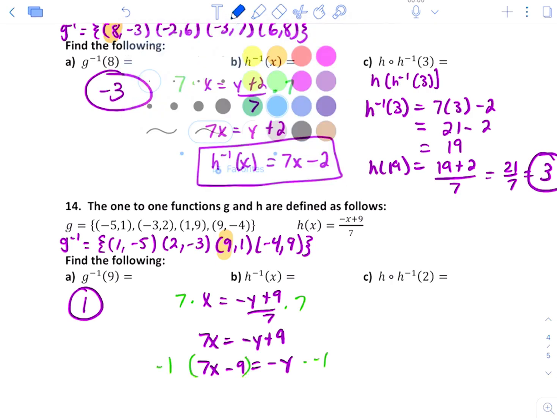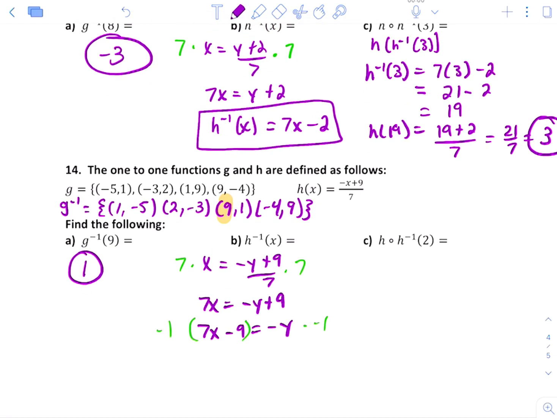So our inverse of h is going to be negative 7x plus 9.